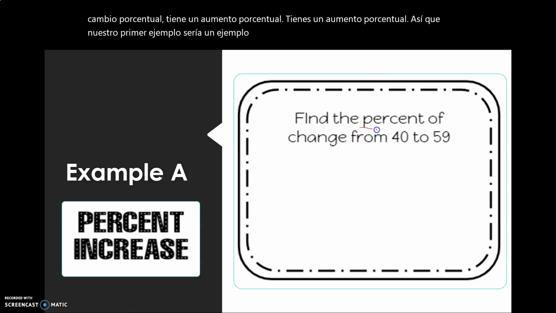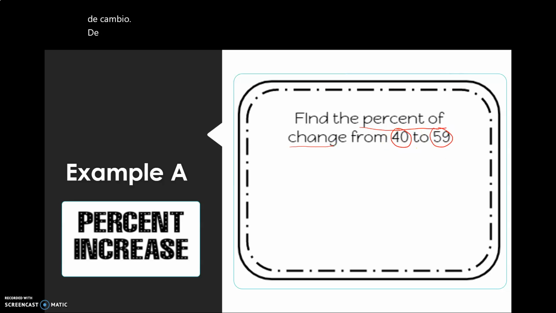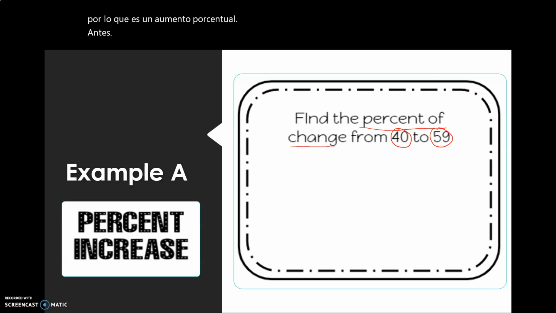It says find the percent of change from 40 to 59. So if I am going from 40 to 59, that means I am increasing, which is why it is percent increase. Before I even get started, the first thing I'm going to do is set up my proportion box.